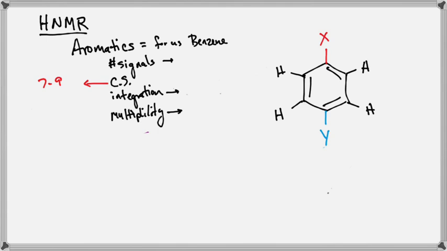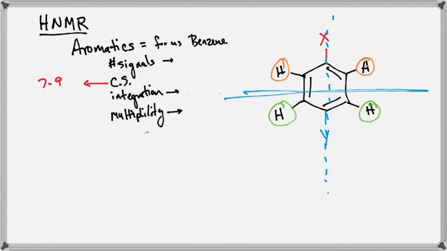What's that? One mirror plane. We do have a mirror plane that splits right down that vertical axis, splitting the X and the Y perfectly in half. That one mirror plane establishes that those hydrogens on opposite sides of that mirror plane are now chemically identical. I don't have that second mirror plane because I'm looking at Y versus X. What does this mean for me?